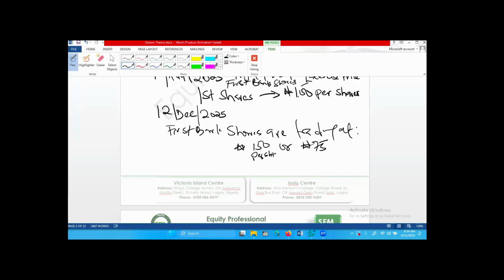On getting to December, First Bank shares are trading at 75 naira. That means if I exercise my right, I'm going to pay 100 naira for what currently is 75 naira. It is not profitable. We can demonstrate this.